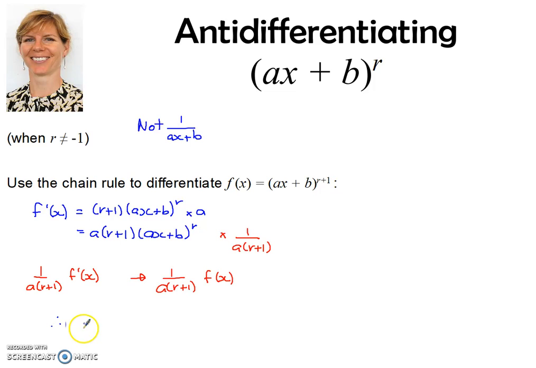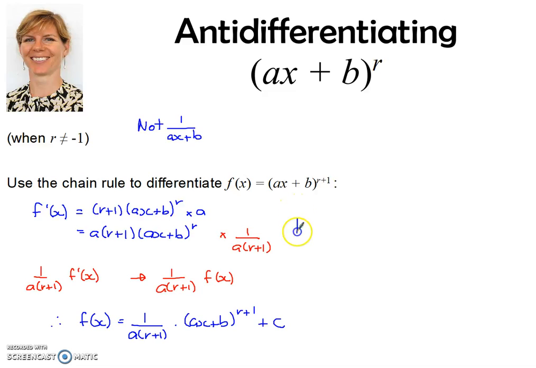Okay, so therefore f of x is going to be 1 over a times r plus 1 times ax plus b to the r plus 1 there. And of course we must remember plus c.